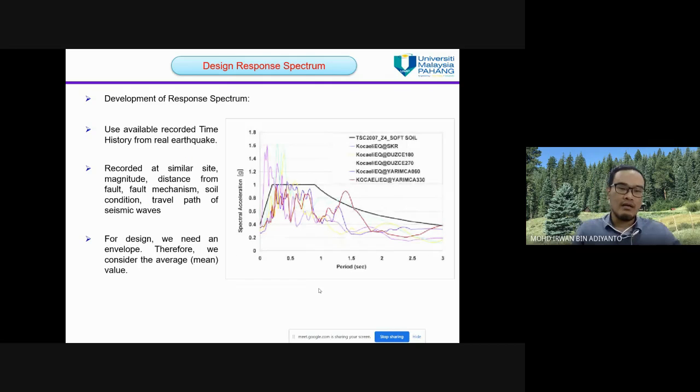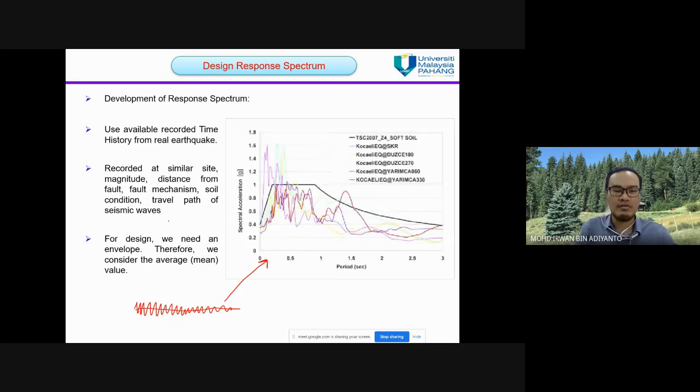Okay, we use available recorded time history from a real earthquake, and then by using, in my opinion, a bit complicated equations, we convert the time history record, either acceleration, velocity, or displacement, to this shape of design response spectrum.